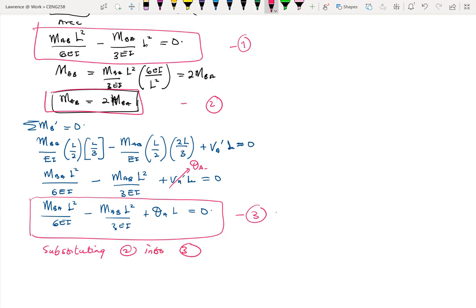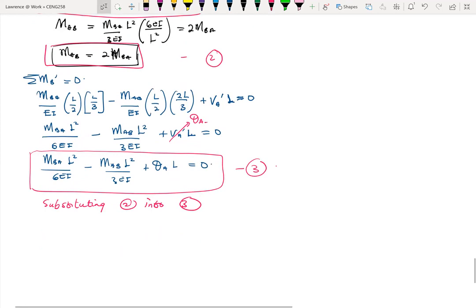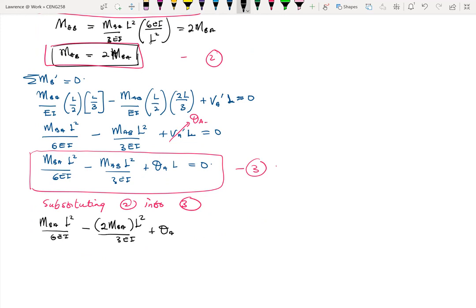Okay. So once we do that, we'll end up with MBA L squared over 6EI minus 2 MBA L squared over 3EI plus theta A times L equals 0.